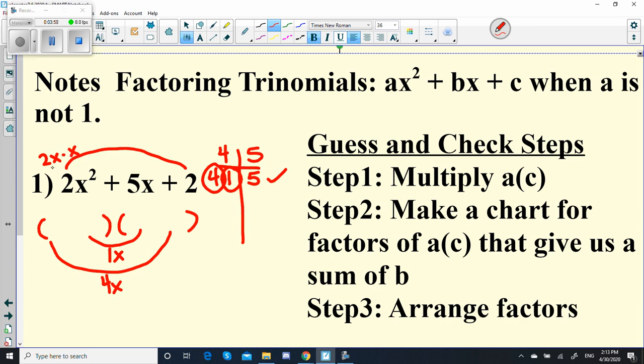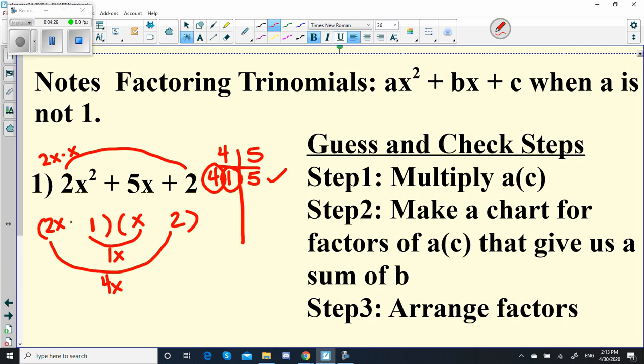So I'm just going to guess and put my 2x here and my x here. And then I'm going to see if that would work. Could I multiply 2x by something over here that would give me 4x? Yeah, I could multiply it by a 2. And could I multiply x times something that would give me 1x? Yeah, that would be 1. And then I have to check. Does 2 times 1 give me back the c of 2? It does.